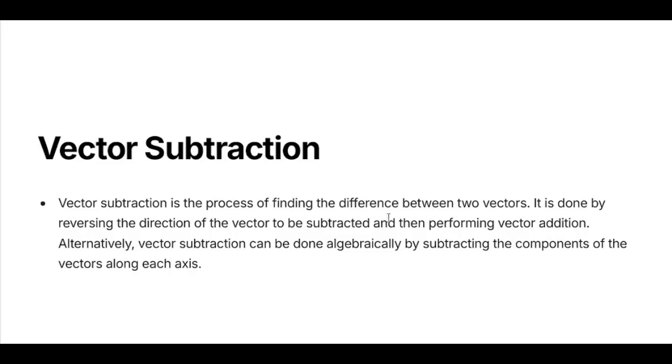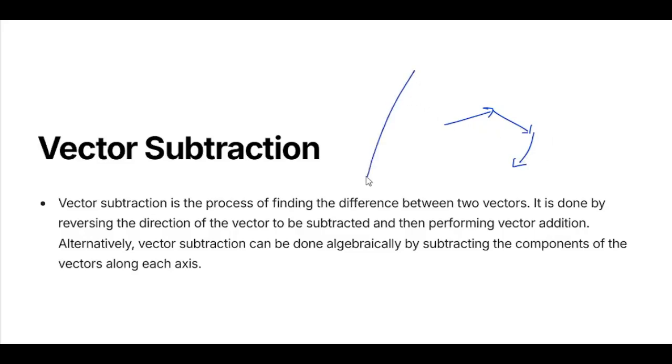Both vector addition and vector subtraction can be done graphically, where you would have arrows like this, another arrow, and another arrow. These are vectors.